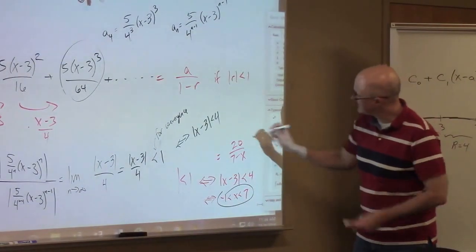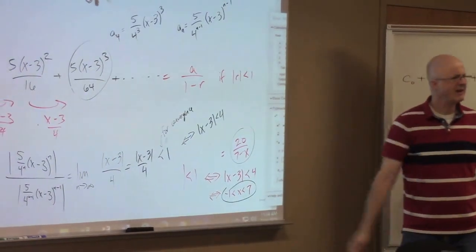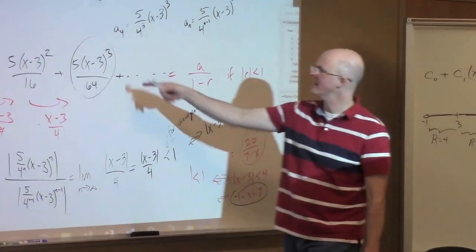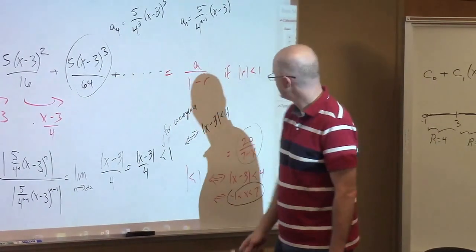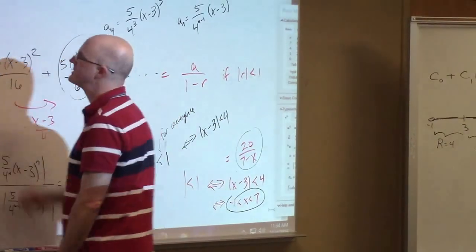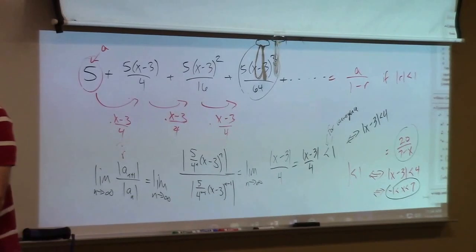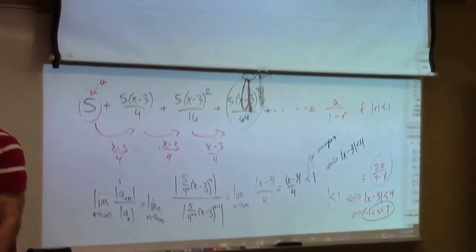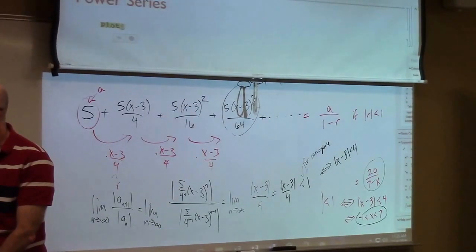The answer was 20 over 7 minus x. That's a function of x. I could think of this thing as being a function, 20 over 7 minus x. Again, let me see what happens when I graph these things. Plot.